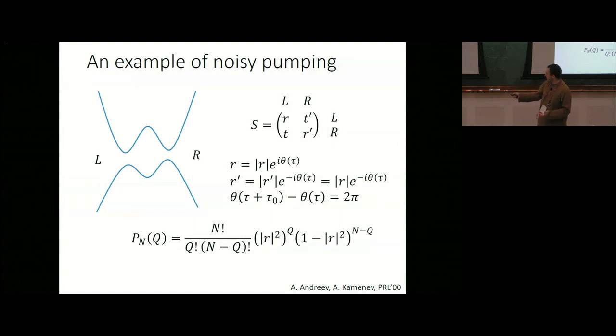And you can calculate how much charge you pump. In fact, these authors calculated the probability to pump Q electrons in n pumping cycles. And you see it's a binomial distribution, which tells you that essentially you have probability absolute value R squared to pump an electron in one cycle. Sometimes you pump it with this probability, and sometimes you don't, and that corresponds to this probability.